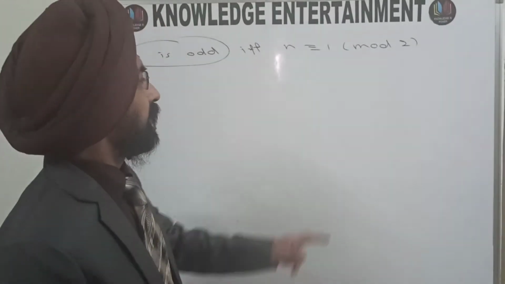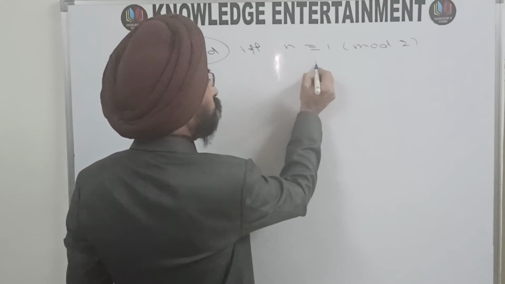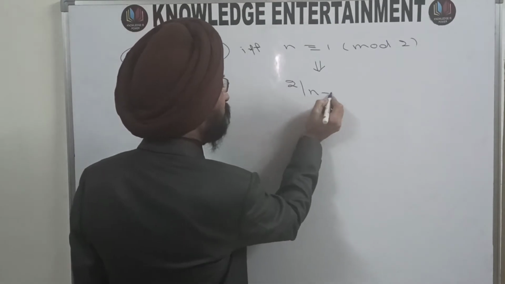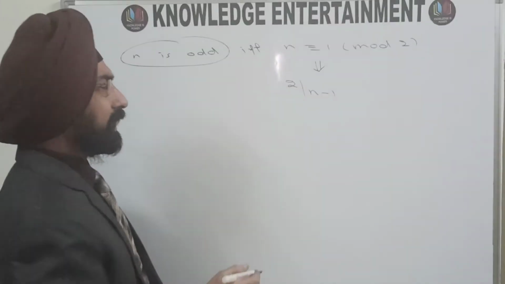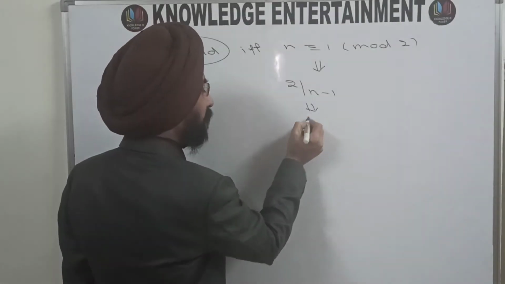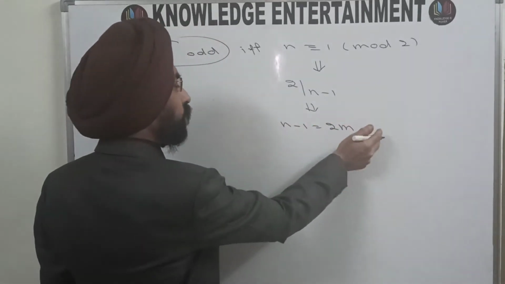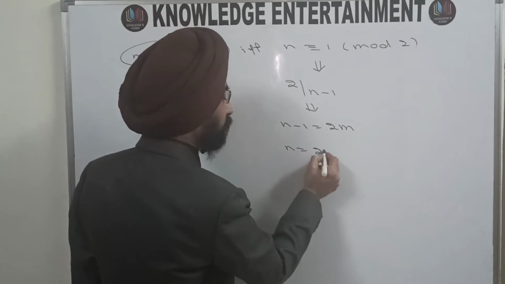Because now conversely, suppose you are given that N is congruent to 1 modulo 2. By using the definition of congruences, you have 2 divides N minus 1. And if 2 divides N minus 1, that means your N minus 1 is a multiple of 2. Now take this one to the other side. N is equal to 2m plus 1.